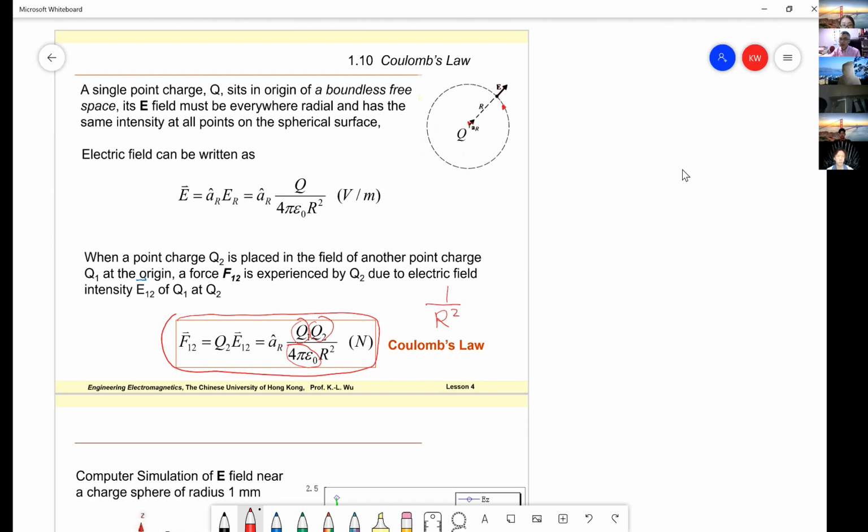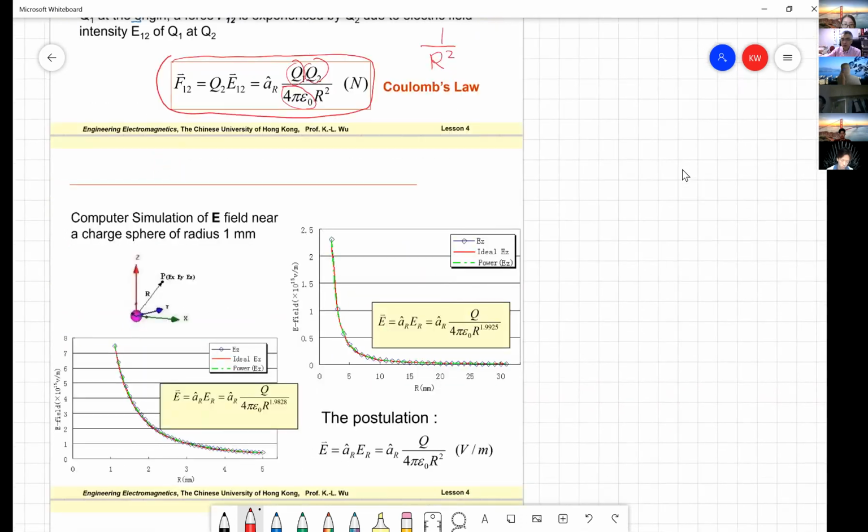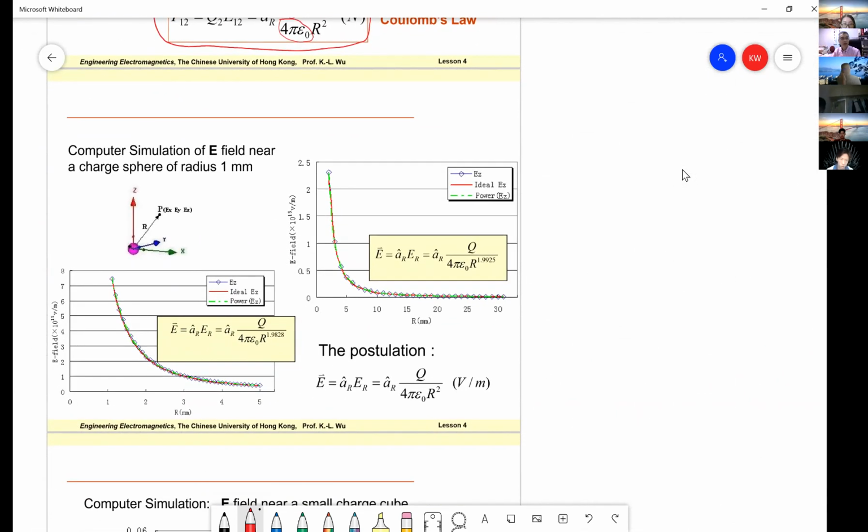To answer this, it's difficult for us to repeat the physics experiment that people developed to find Coulomb's law. But we can repeat this experiment using computer simulation.